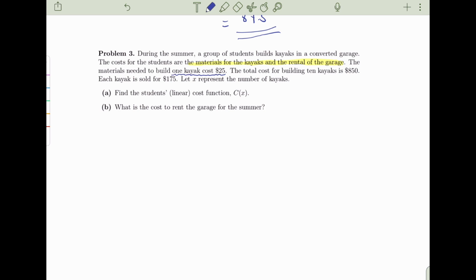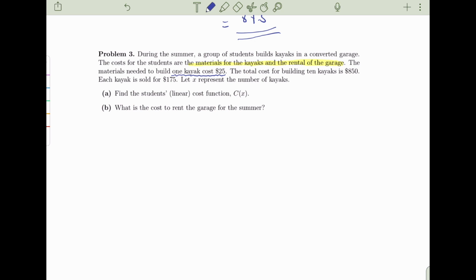And the second condition here is that the total cost for building 10 kayaks is $850. That's the total cost. So if you're building 10 kayaks, then the cost, including the garage rental and the materials, is totally $850.